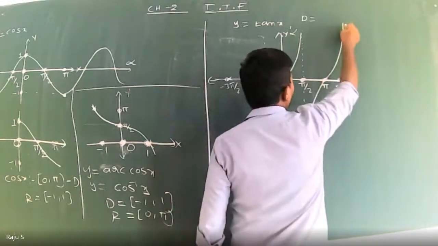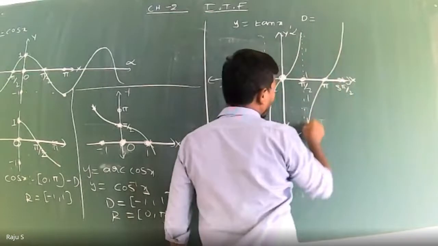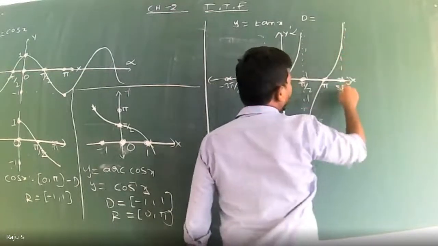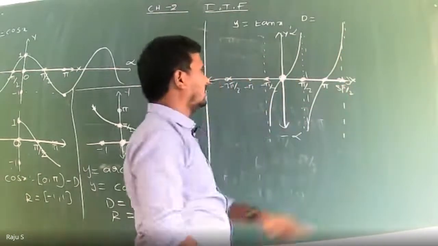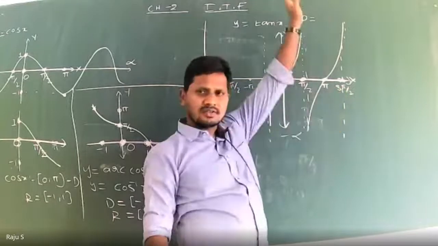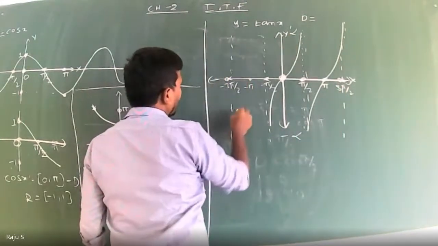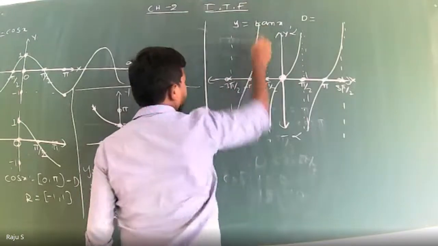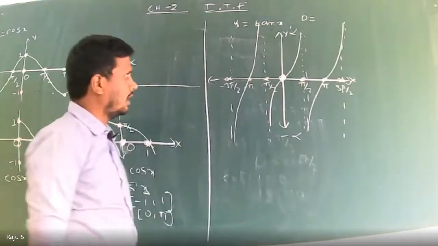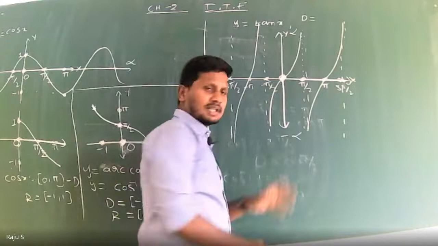Like that we'll get. So the curve should not touch the value at 3 pi by 2. It will tend to infinity. In the same way, for every 180 we are getting a loop like this.